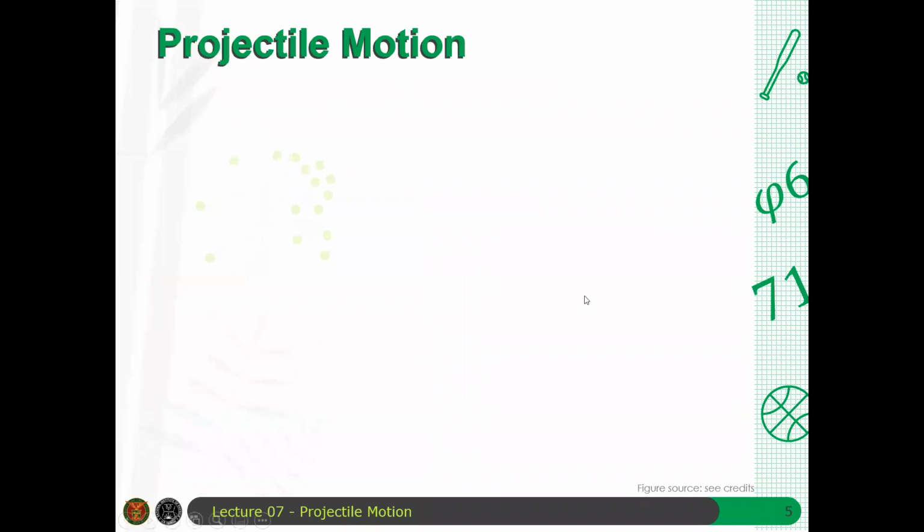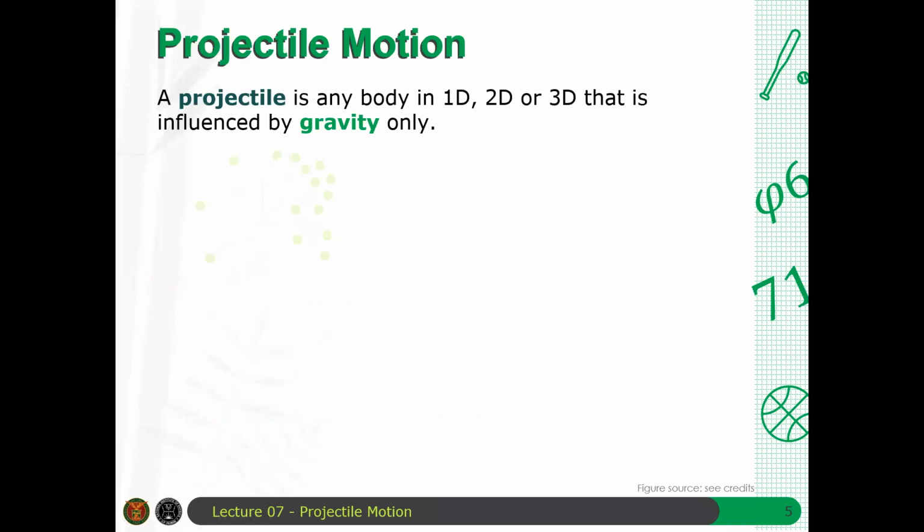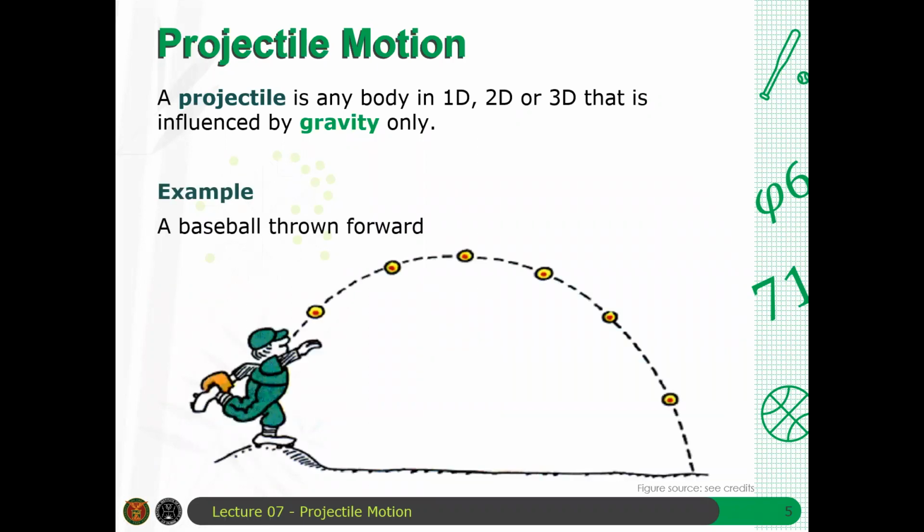Okay, sige. Now, so yan. So what's projectile motion? Of course, yun yung una nung tanong, no? What's projectile motion? A projectile is any body in 1 dimension, 2 dimensions, or 3 dimensions that is influenced by gravity only. So in that case, for a particle to be a projectile, the only force acting on the system, on the particle, should be gravitational force only. Hence, for example, if you have a baseball thrown forward, mas gagamitin natin yung 2D case for projectile motion.